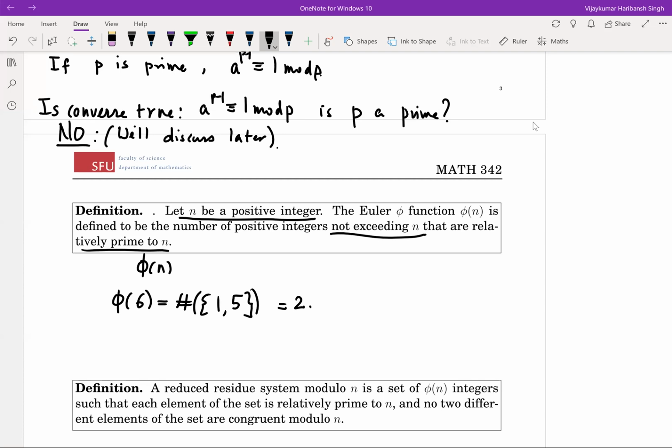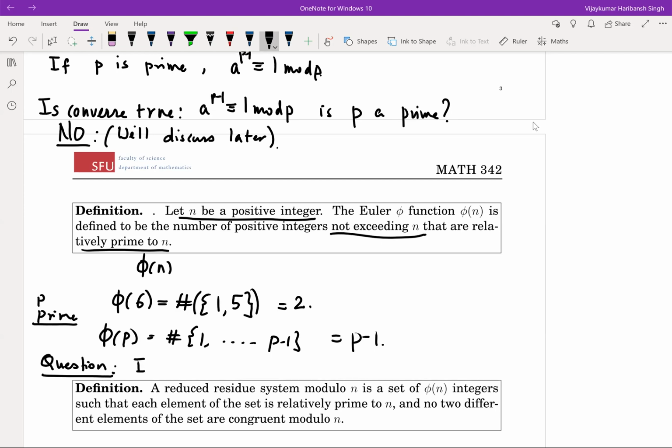Note that phi of a prime p is going to be the size of the set 1 up to p minus 1, because everything less than p is relatively prime with p. So phi of p is always going to be p minus 1. So the question is, what about when m is composite?